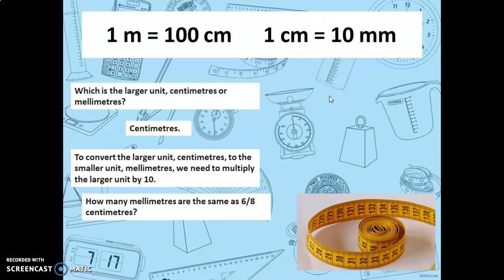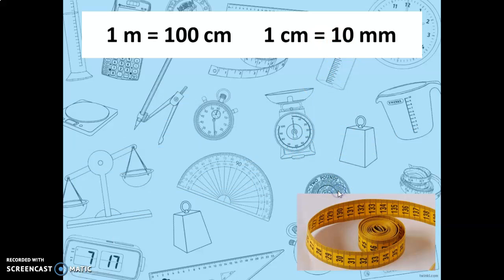So how many millimeters are the same as 6 or 8 centimeters? 60 millimeters or 80 millimeters. Again, if we're converting from centimeters to millimeters, then we need to multiply by 10. If we're converting from 80 millimeters to 8 centimeters, then we are dividing by 10.